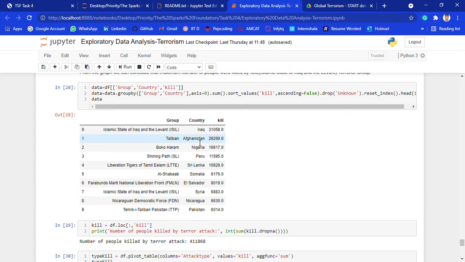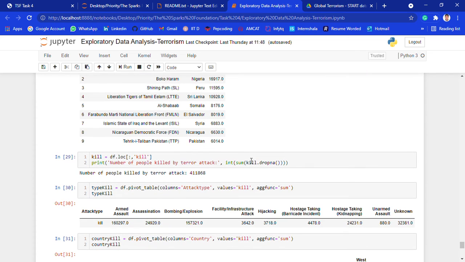It's one of our very own neighbors, and around 30,000 people have been killed there too. And LTE, I think you are also familiar with this group. It is active in Sri Lanka and has killed approximately 11,000 people.